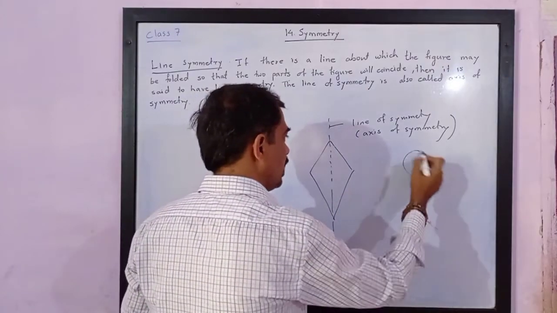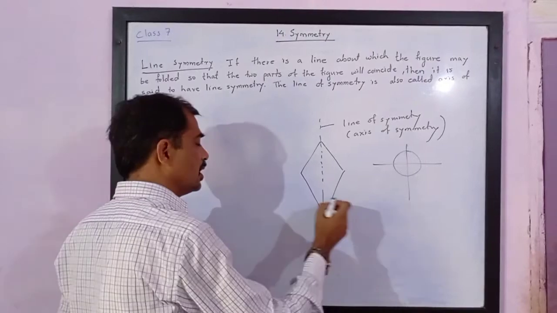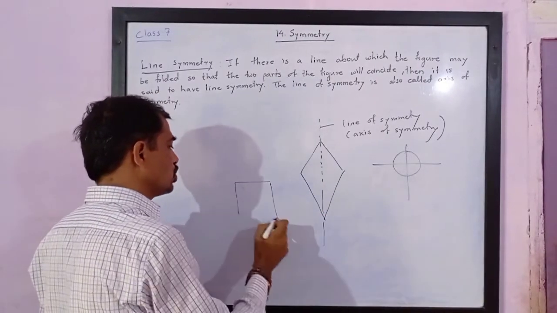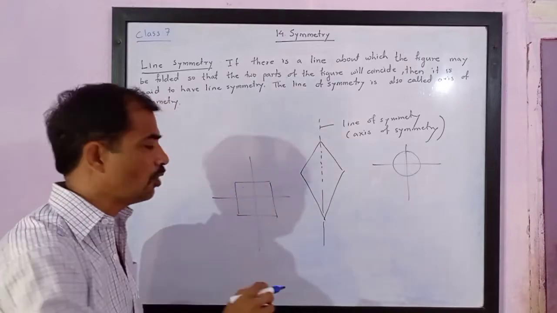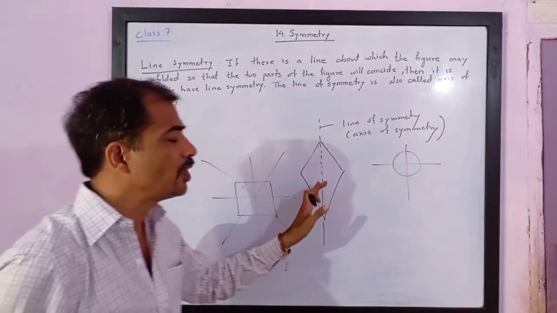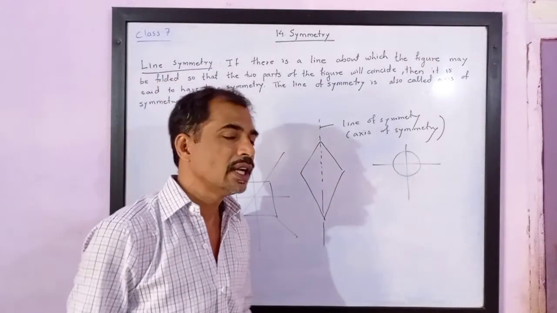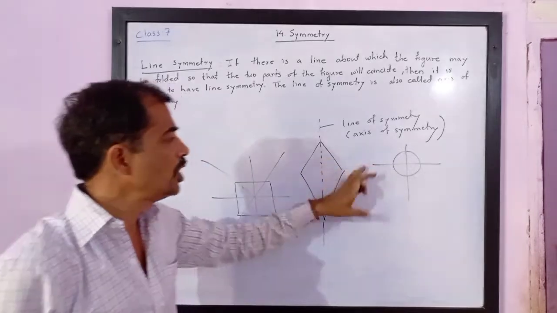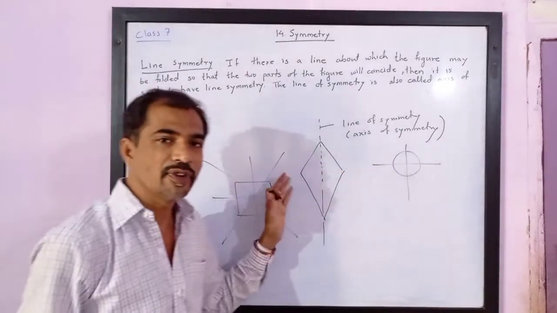Even the car viewed horizontally, you will notice it is having a line symmetry. A human being or a circle is also having a line symmetry. Then a square is also having a line symmetry. If you draw the line, they will exactly coincide. Some figures have more lines of symmetry, some figures have only one line of symmetry, and some figures don't have a line of symmetry. So we are going to study all these lines of symmetry for different figures.